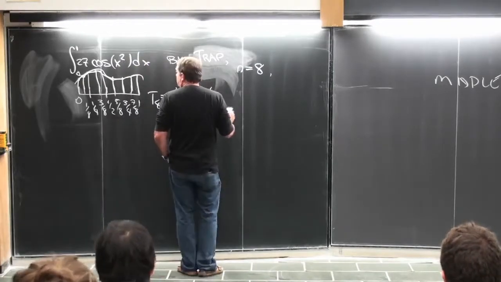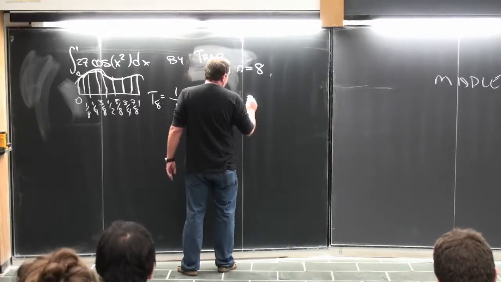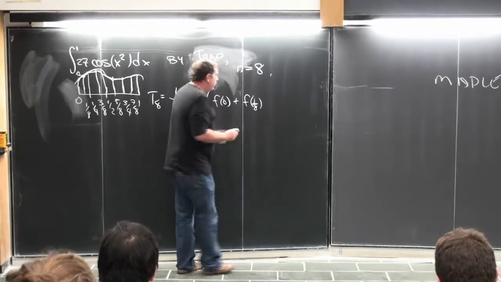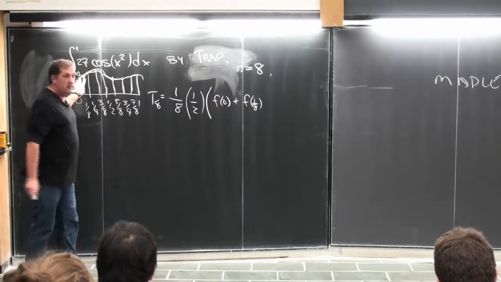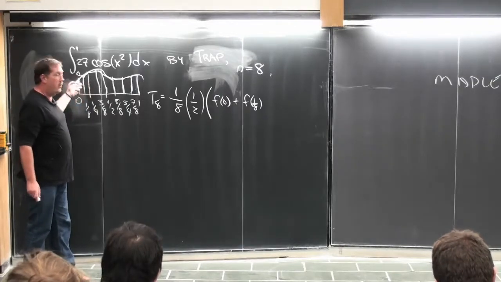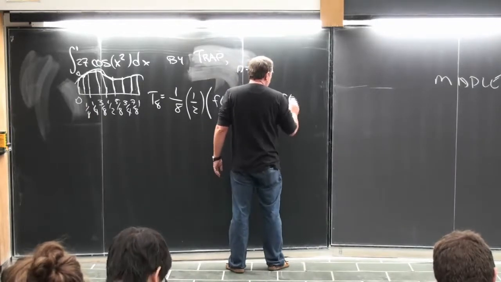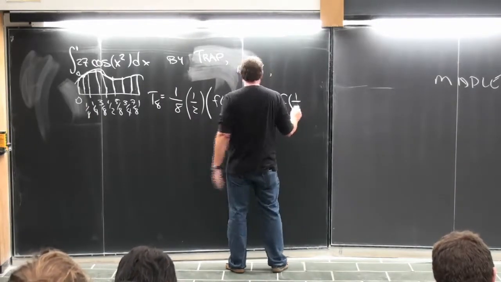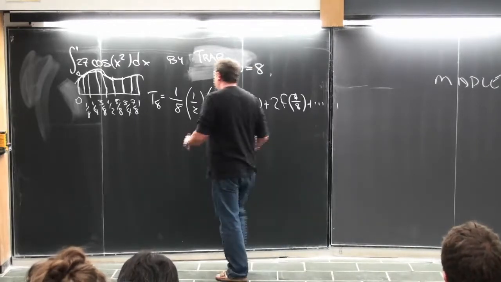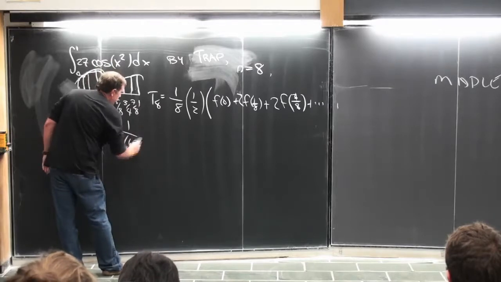And now it's going to be f of 0 plus f of 1/8. But in fact, when I do this one, the f of 1/8 plays a role, and then when I do the next one, the f of 1/8 plays a role, so there's going to be 2 of those. And so on, whatever they are. 3/8 is next, blah, blah, blah. So in this case, it's 1/16.